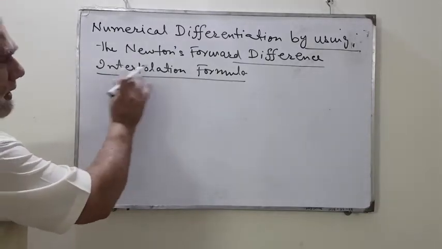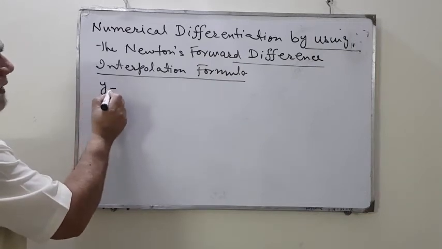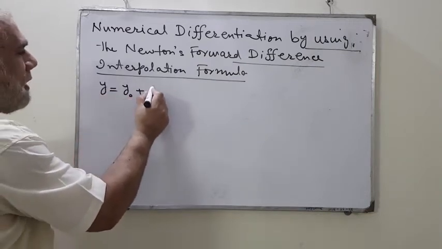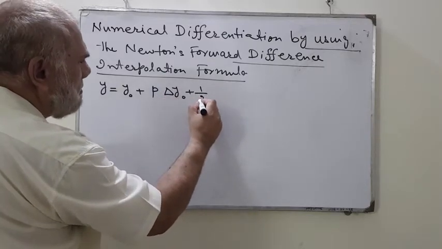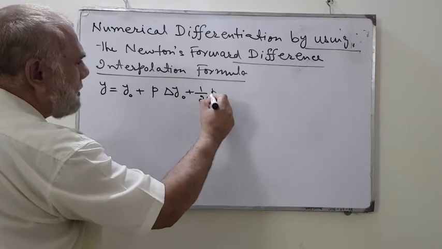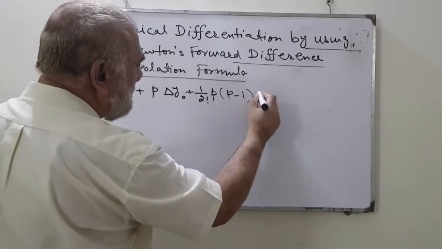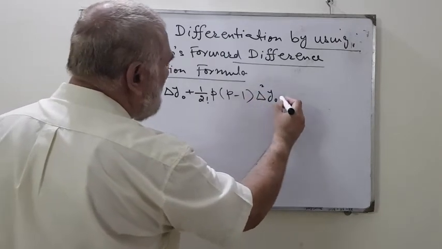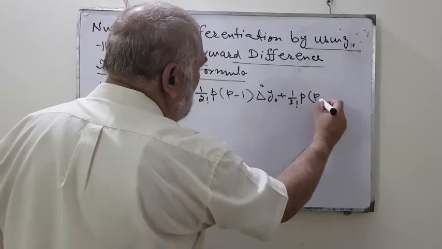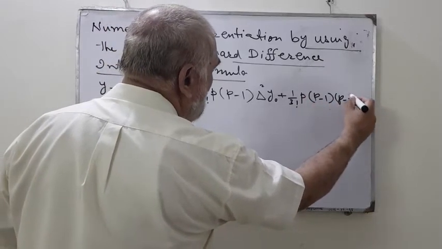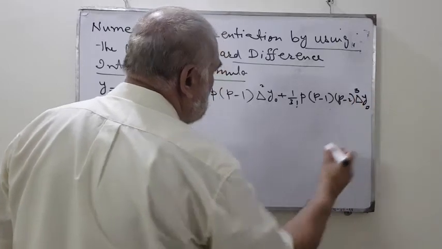If you remember, for Newton's forward difference interpolation, we derived the formula y is equal to y0 plus p times del y0 plus 1 by 2 factorial times p into p minus 1 times del 2y0 plus 1 by 3 factorial times p into p minus 1 into p minus 2 and delta 3y0.